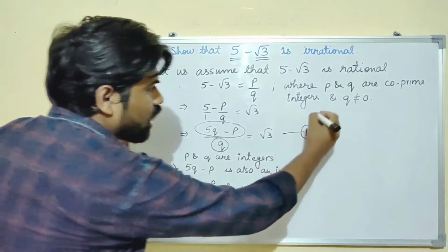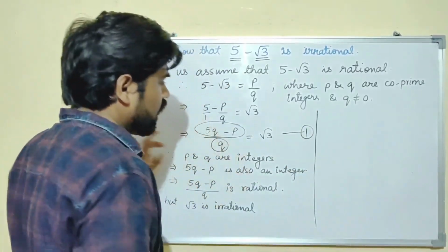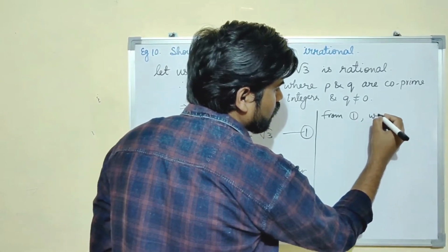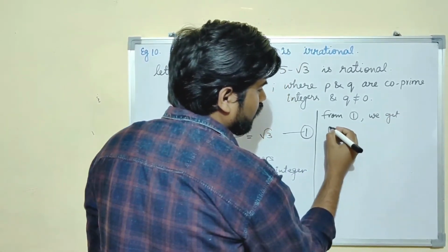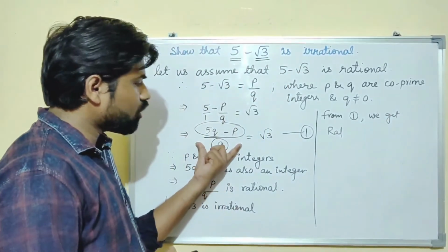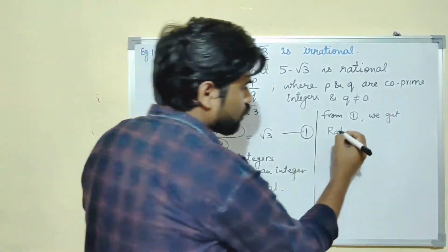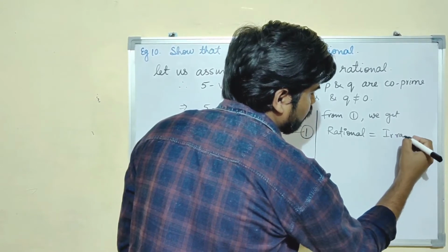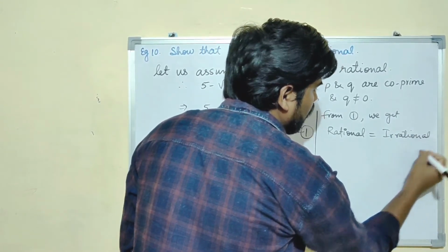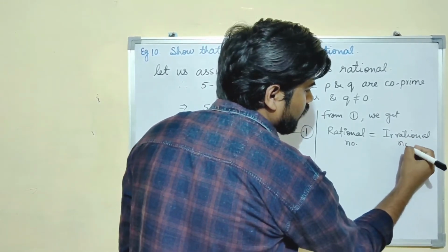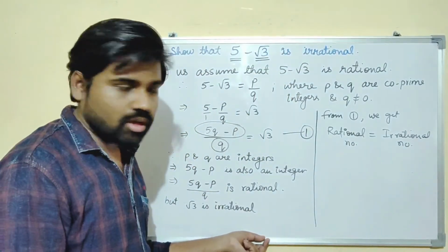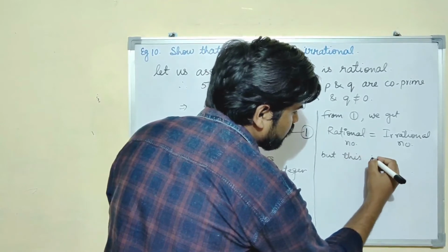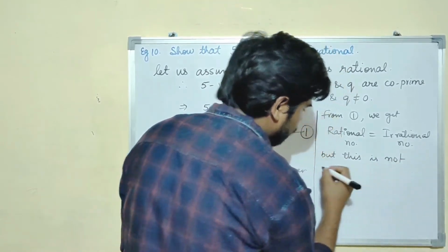From first we get that the number on the left is a rational number, so a rational number is equal to an irrational number. But this is not possible.